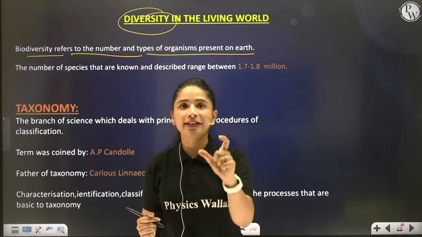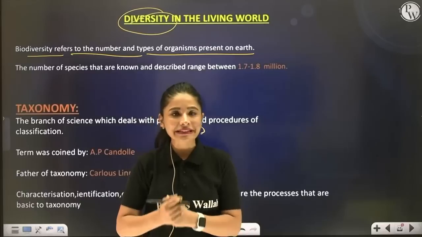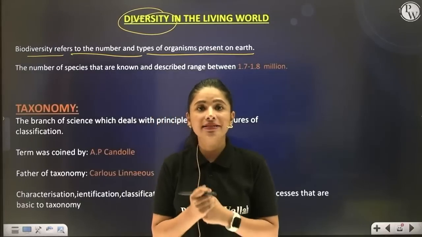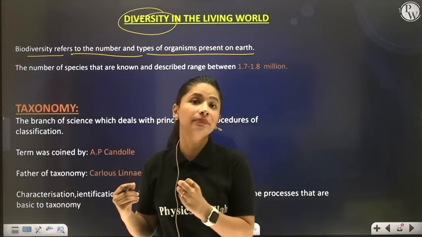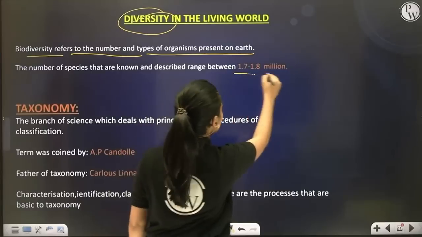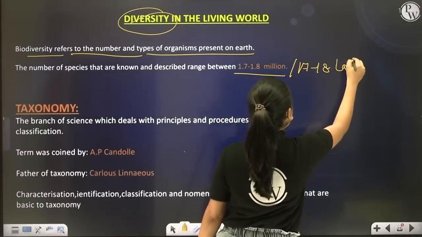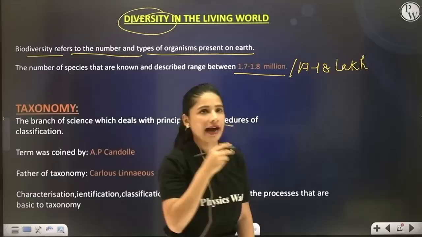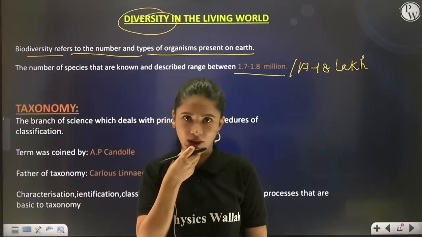So this value is very important. You all should remember that biodiversity recorded so far is approximately 1.7 to 1.8 million. This 1.7 to 1.8 million can also be written as 17 to 18 lakh. So many living species have been recorded so far.